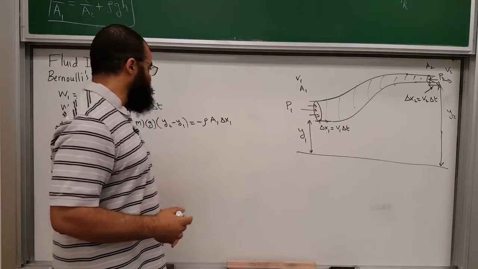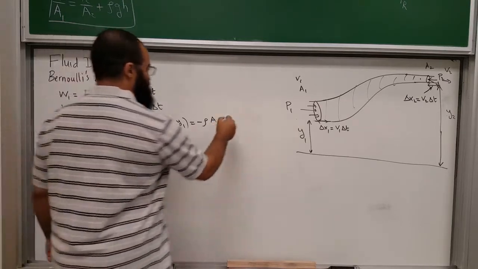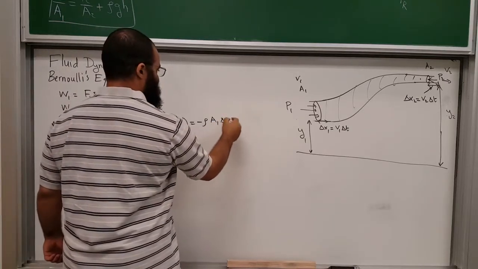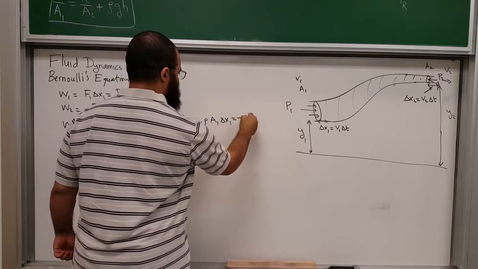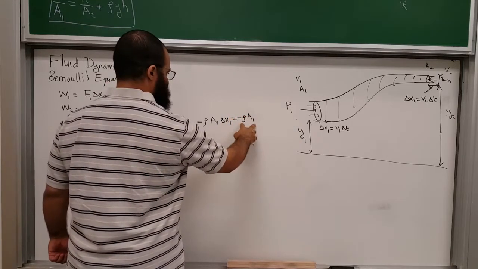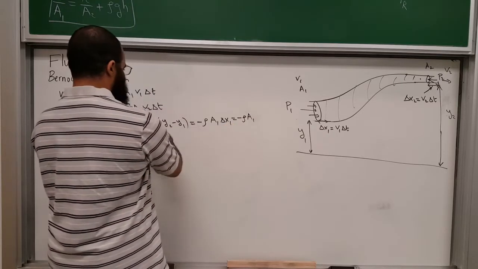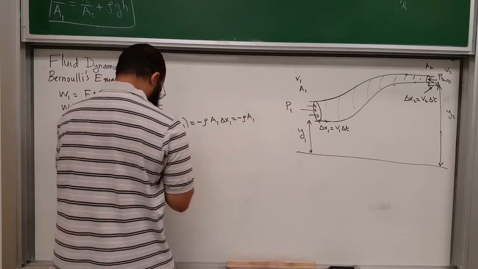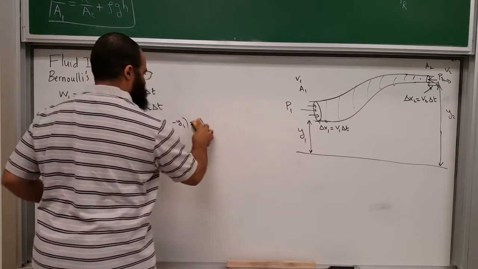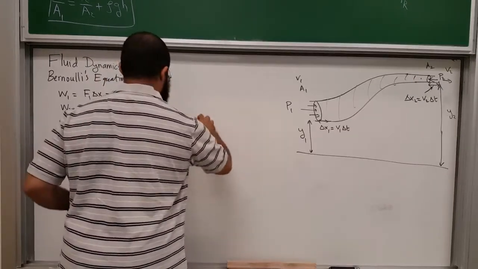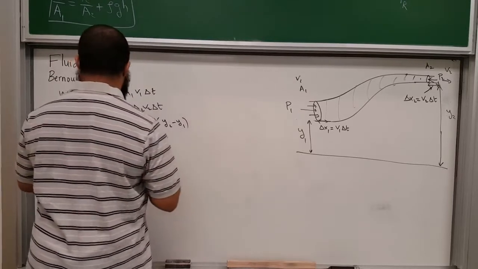The volume flow rate is the same. So I have negative rho A1, density times A1, so that's the volume. Oh, I forgot the g and the y2 minus y1. So let me erase this. So let's see.